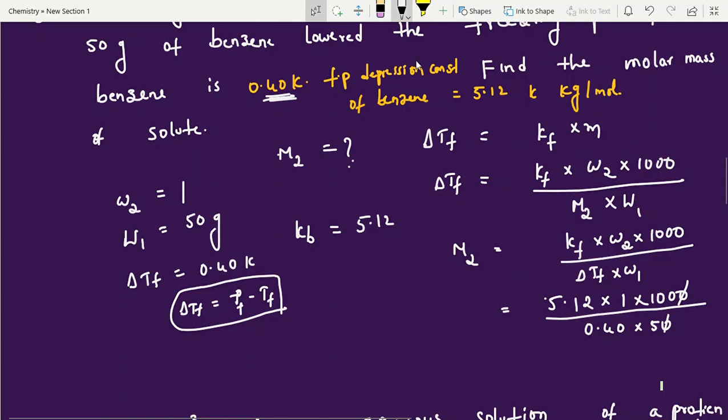Okay, for one you can do the calculation part. 5.12 into 1000 by, how much, students? 0.40, nearly the same, so 100 by 0.40. Finally, you get the answer. If you take proper values, you will get the answer 256 gram per mole.